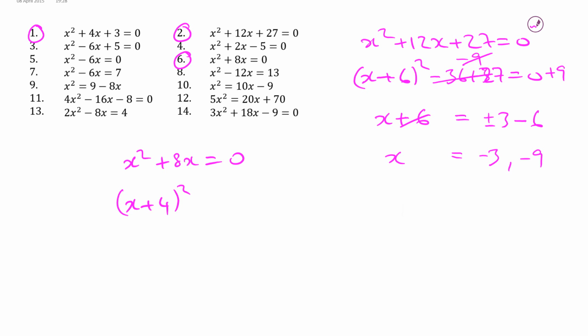So you minus 16, and it's still equal to 0. Good stuff. Then you add 16 on the other side, and then you square root it, so it'll be plus minus 4.